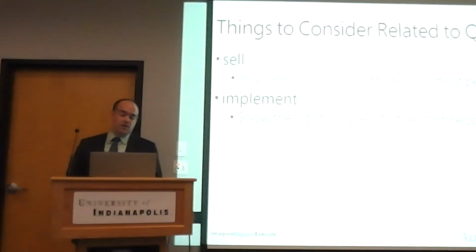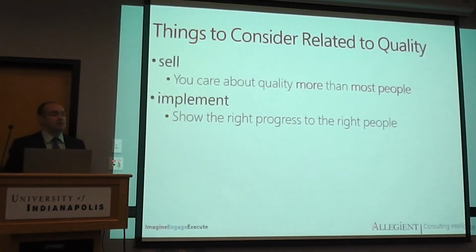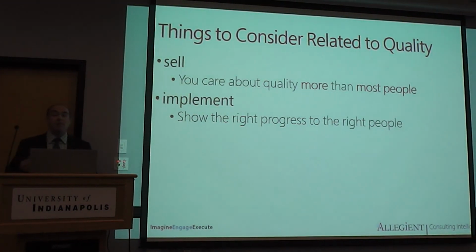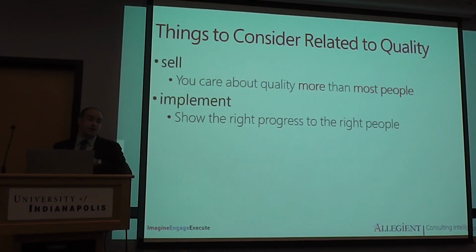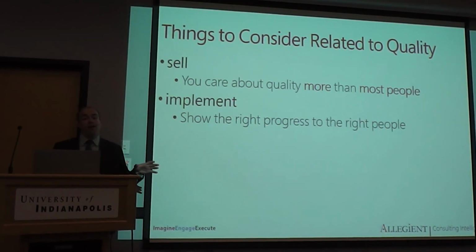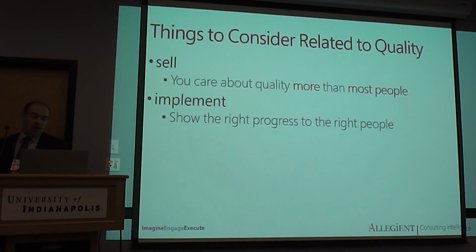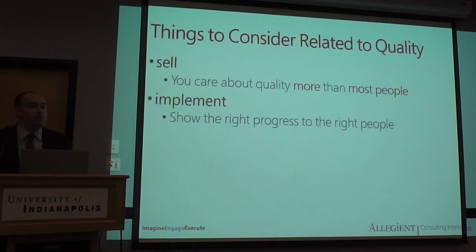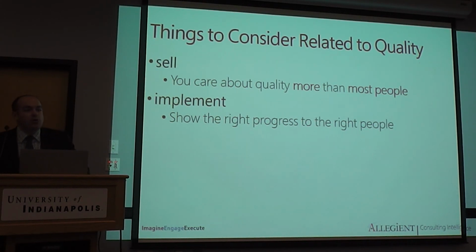When you're implementing, show the right progress to the right people. Keep in mind that if you go to the CEO or somebody who's very low patience, very high dominance, and you say, well, we're a third of the way through, and our quality initiative is going great because we're able to get everybody involved in the process and hear everyone's point of view, that person's going to sit there and say, how much of my money are you going to waste on this?